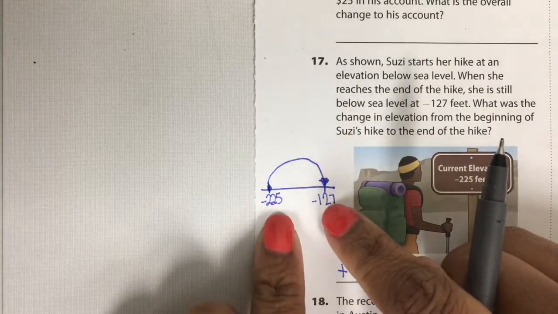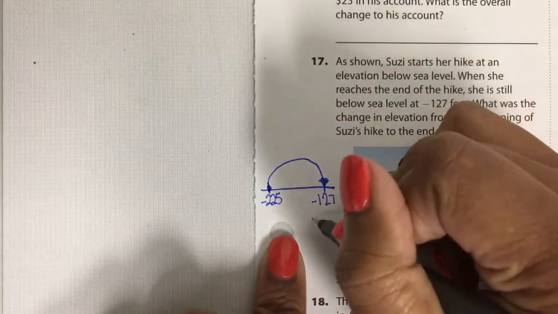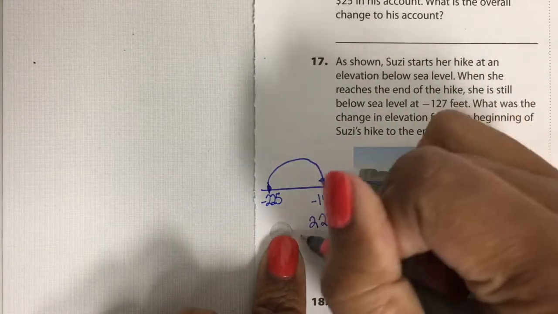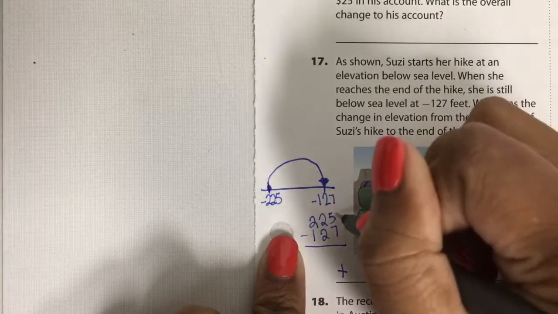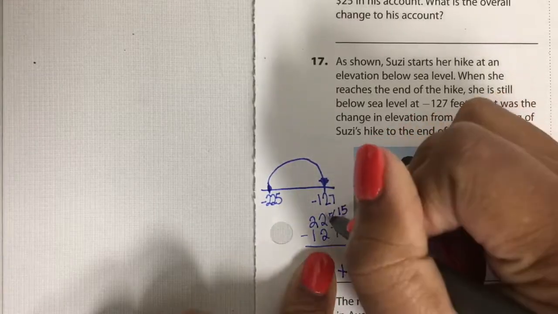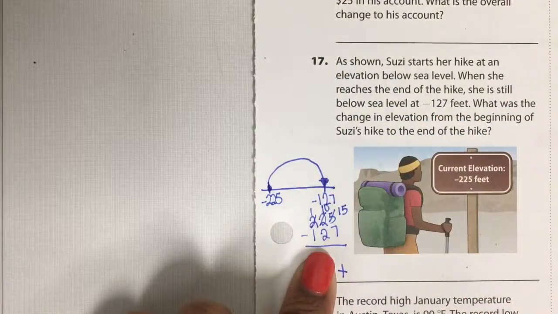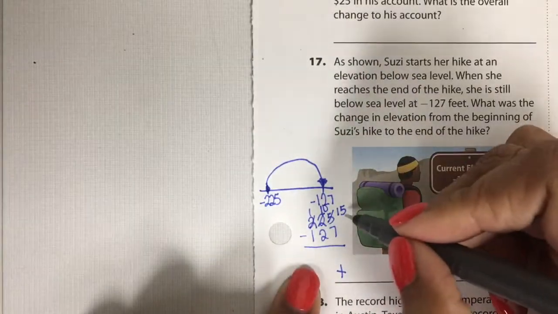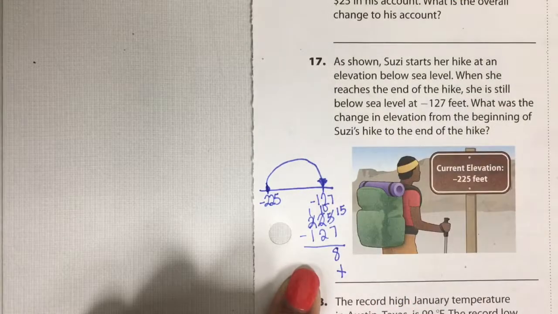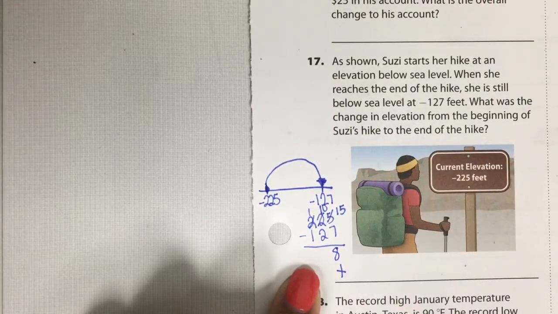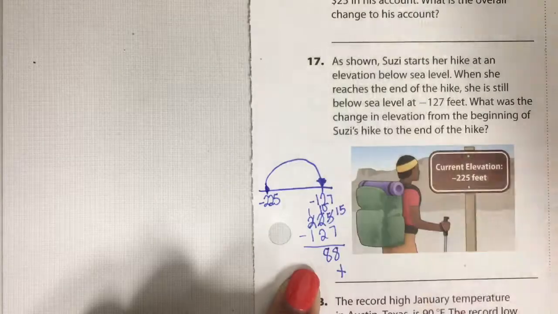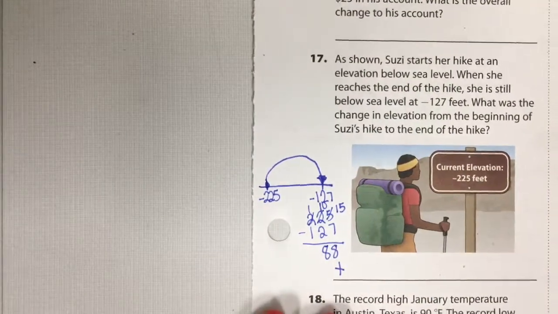So if I do 225 minus 127, that is 15, that is 1, and I'm going to borrow, so that gives me 10. So 15 minus 7, that's 8. 10 minus 2 is 8, and 1 minus 0 is 0.